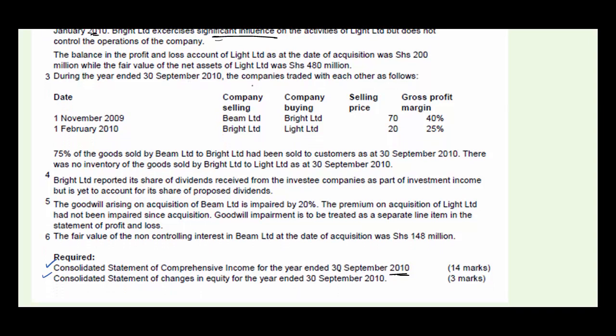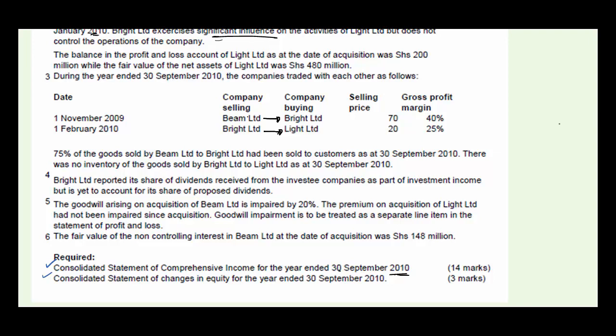We're told during the year they traded with each other as follows. So this one affects. So we have these Beam and Bright, then Bright and Light. Okay, so these ones will affect how we value our sales and cost of sales.